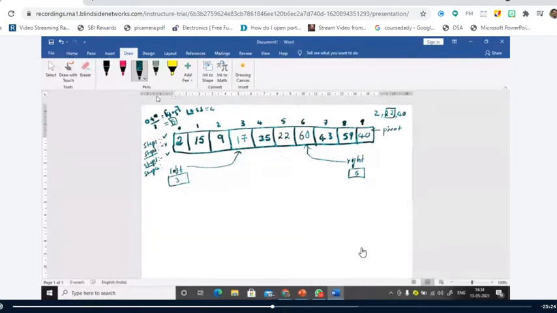Again, what is the value of left? No, I am asking you the value pointed by left. The index of left is 3. The value pointed by left is 17. Right. Compare 17 and 40. Since the value is less than pivot, you increment the left pointer.